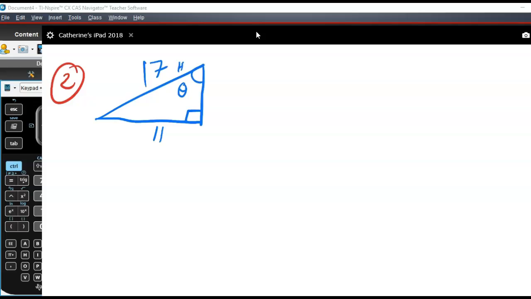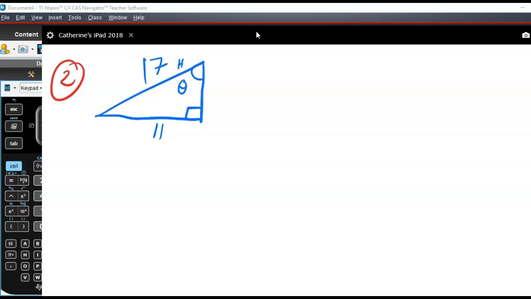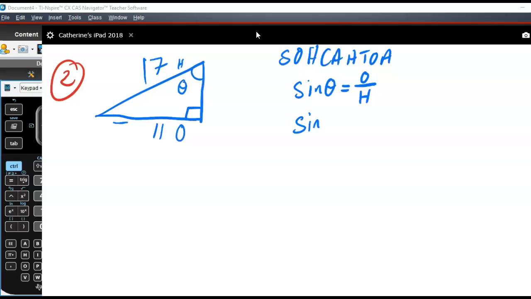The hypotenuse is a known, and this side here is a known, and that is the opposite side. So again, SOHCAHTOA, that is my sine ratio, opposite over hypotenuse. So sine theta equals 11 over 17. So theta equals inverse sine 11 on 17.